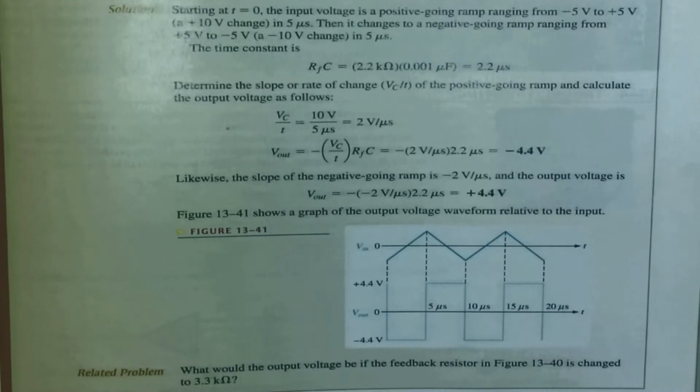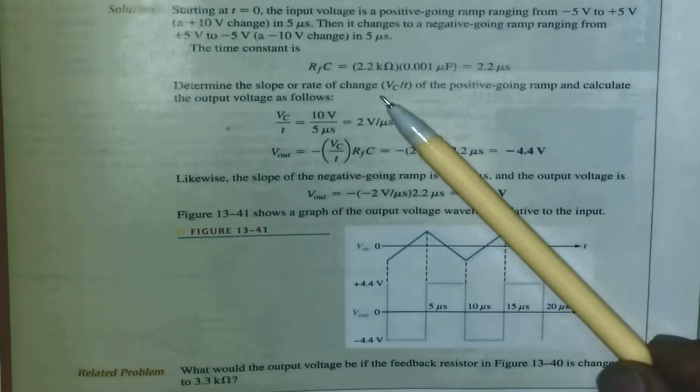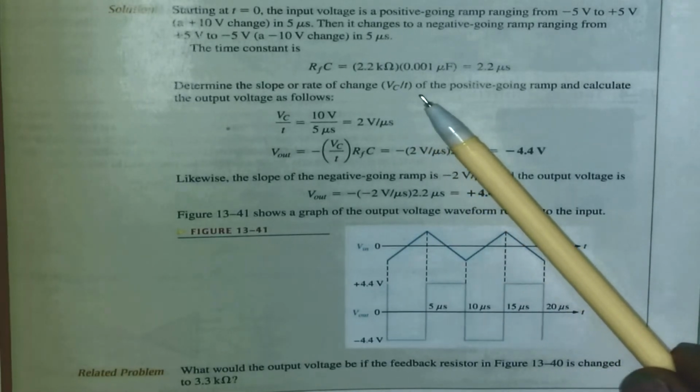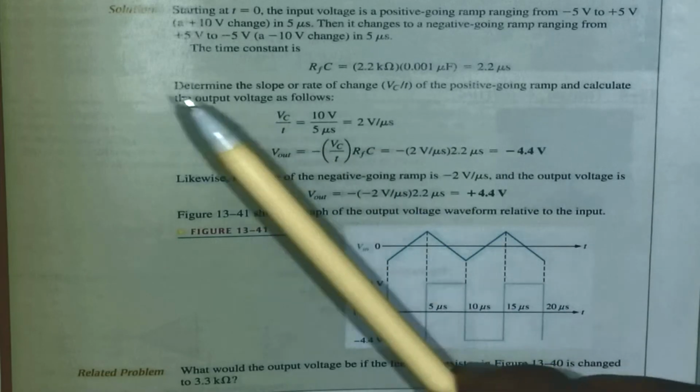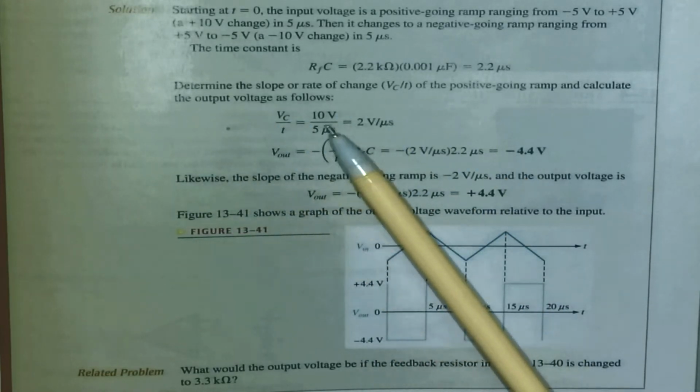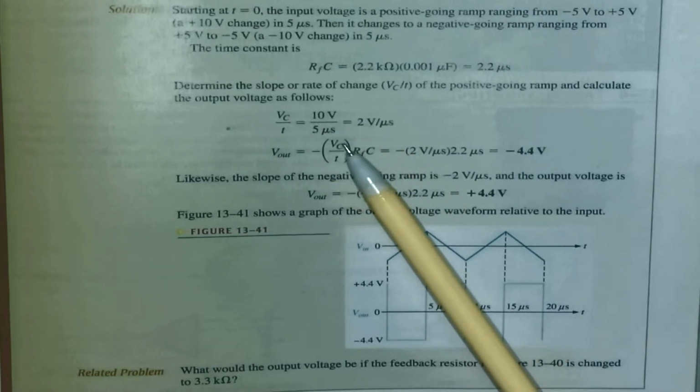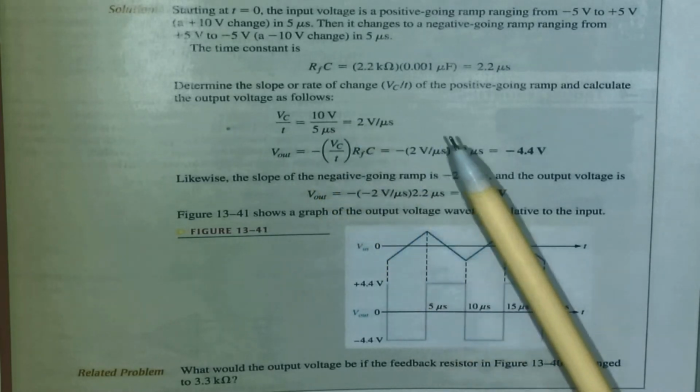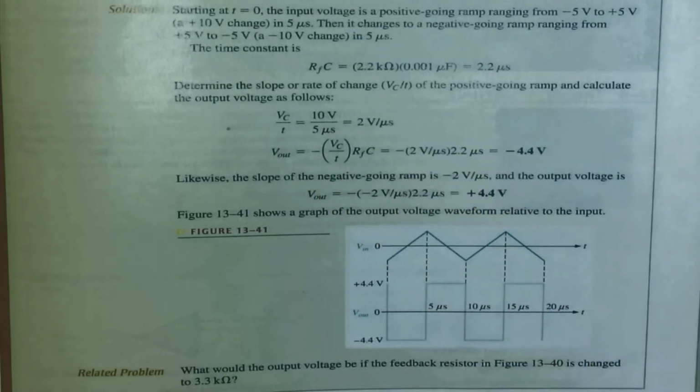Now they say determine the slope or rate of change. That is equal to Vc divided by T for the positive going ramp, and calculate the output voltage as follows. Vc divided by T is equal to 10 volts, because the change is 10 volts and the time is 5 microseconds. That will give me 2 volts per microsecond.